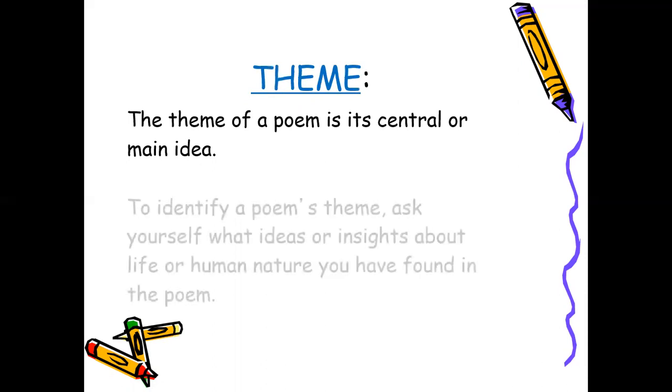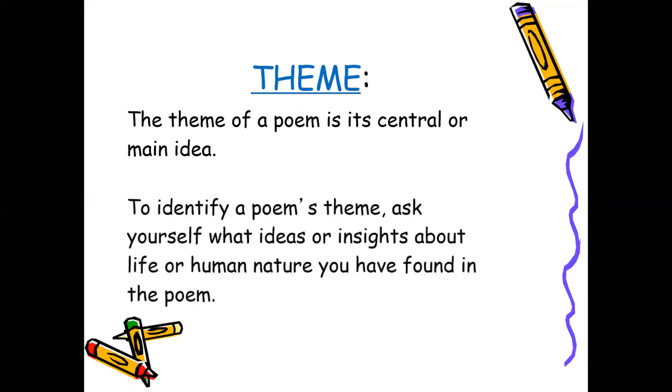To identify a poem's theme, ask yourself: what ideas or insights about life or human nature have you found in the poem? You ask yourself that, and then the answer will be the theme of the poem.